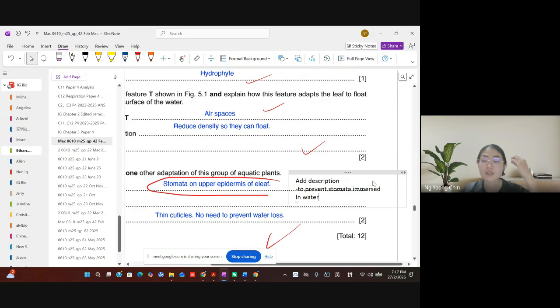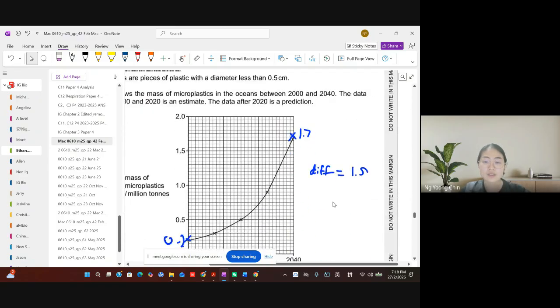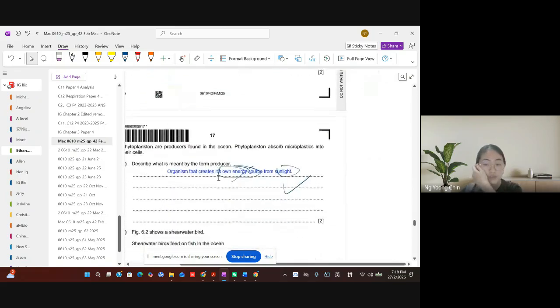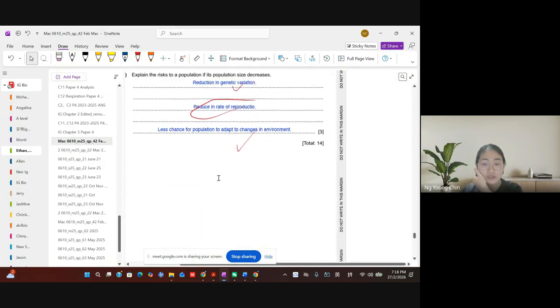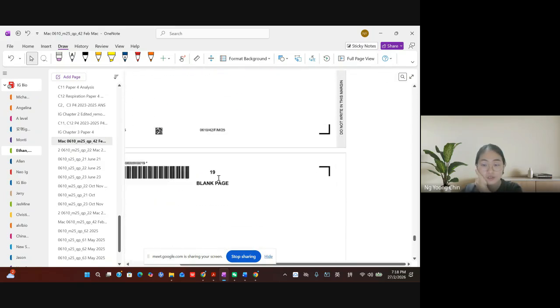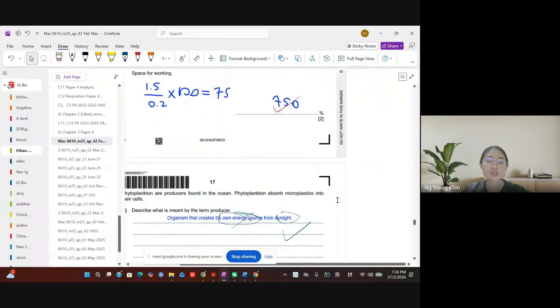The gaseous exchange will be inhibited. And then this is also correct. I think other than that is correct. Yeah, that's all.